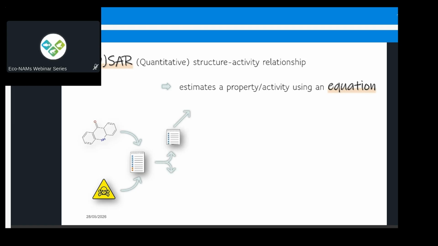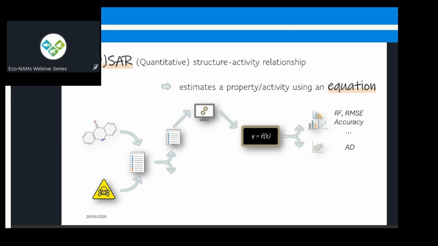Using part of this set of data, we develop the model, and we verify the performance, and we define the applicability domain, the AD. The applicability domain is the chemical and response space in which the model gives a response, an output of a certain reliability. On the remaining part of chemicals that are unknown to the model, we test the model and the applicability domain.